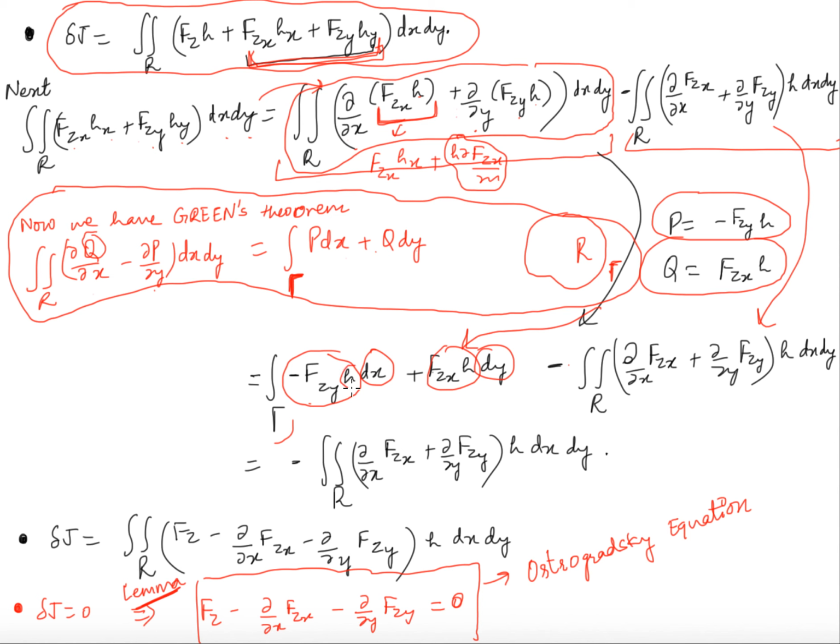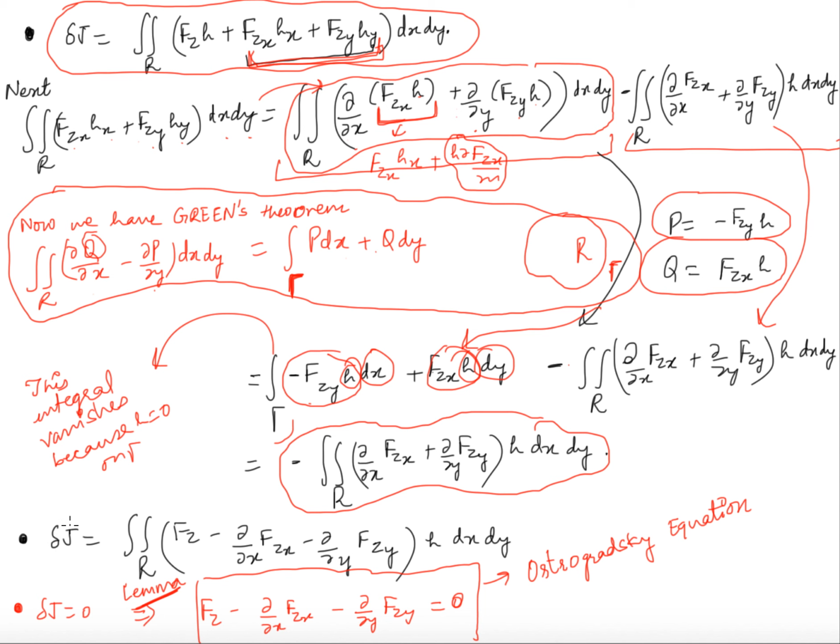Now because h vanishes at the boundary, this integral vanishes, because h is 0 on the boundary. So you are left only with this second part.